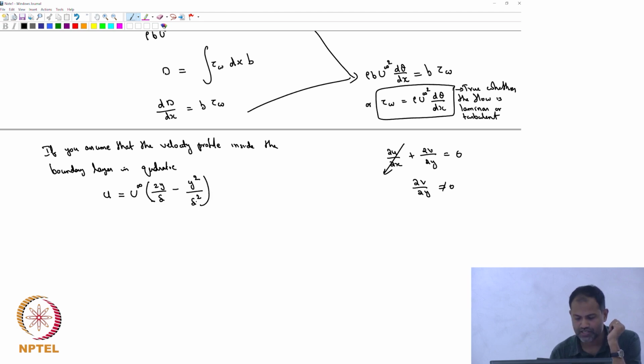So, we are actually hypothesizing this form, which is quadratic in y.